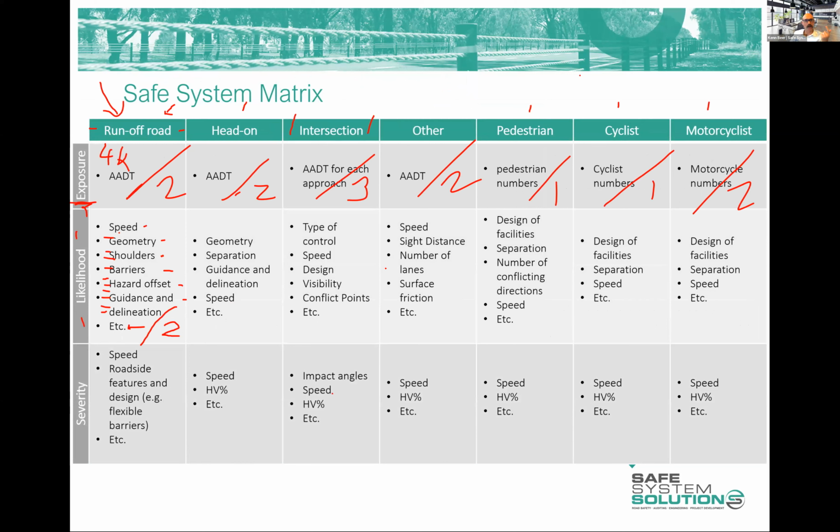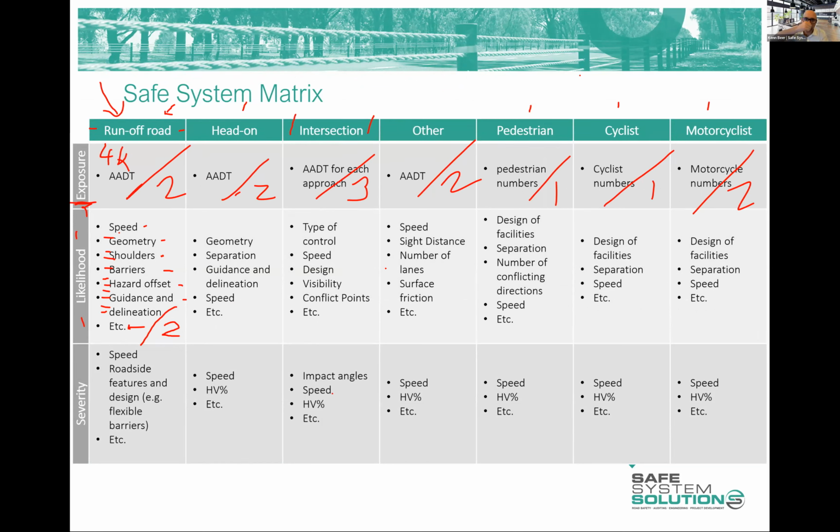The geometry is good, they've got some sealed shoulders there, hazards are set back a bit from the road, and it's got decent line marking. But the shoulders aren't sealed on the edge line, and the hazards are only 2 meters off the edge of the road. You factor all of that in and you come to what you're comfortable with.